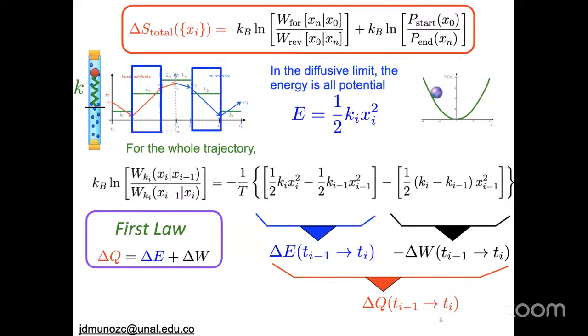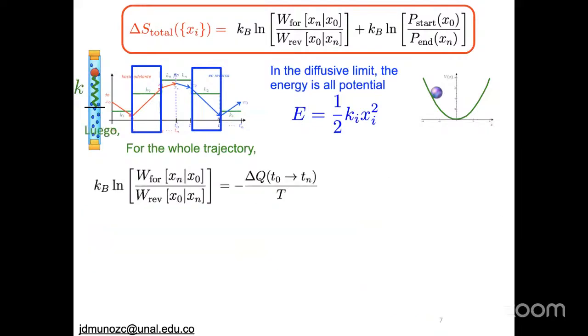So, summarizing, Boltzmann's constant times the logarithm of the transition probability on the forward protocol divided by the transition probability on the reverse protocol is just the heat divided by the temperature.